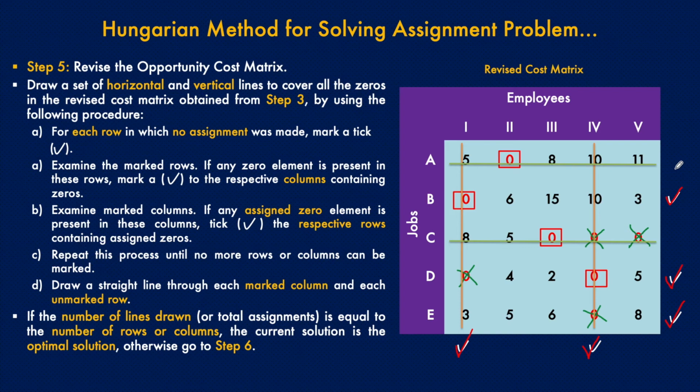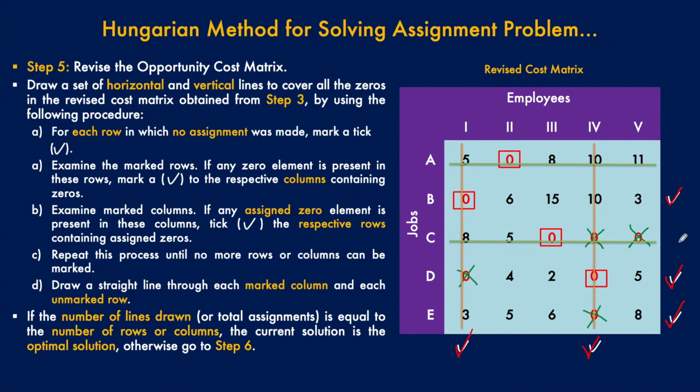After that, we have to draw the vertical and horizontal lines. The rule for drawing the line is, you draw vertical lines through the ticked columns. You have two ticked columns, so you draw the vertical lines here. For horizontal lines, you have to identify the unticked rows.